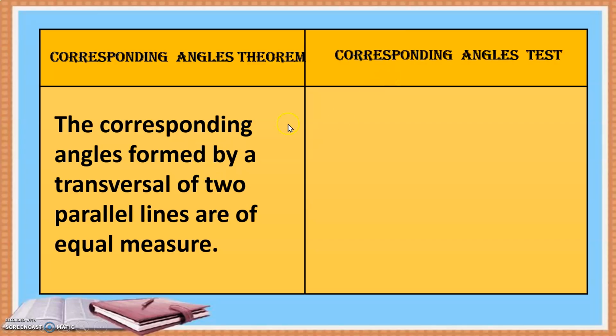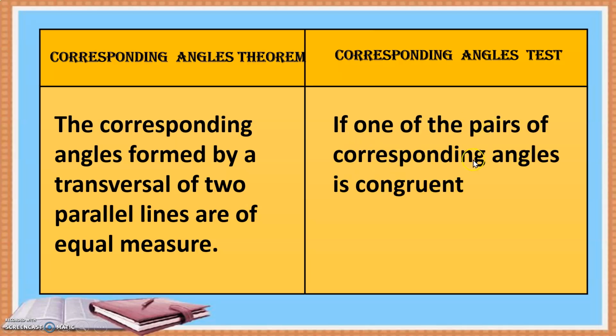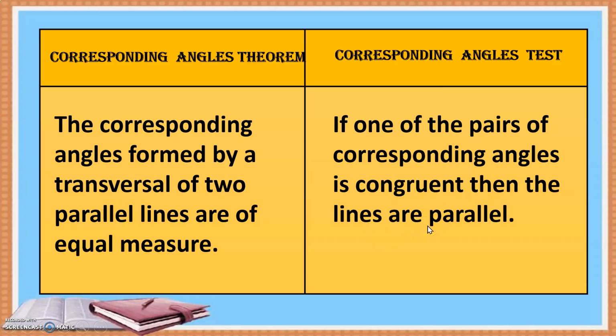The converse, the opposite. That is, if one of the pairs of corresponding angles is congruent, then the lines are parallel. That means if corresponding angles are congruent, then the lines are parallel. Here, if the lines are parallel, then the corresponding angles are equal. They are converse statements. Okay.